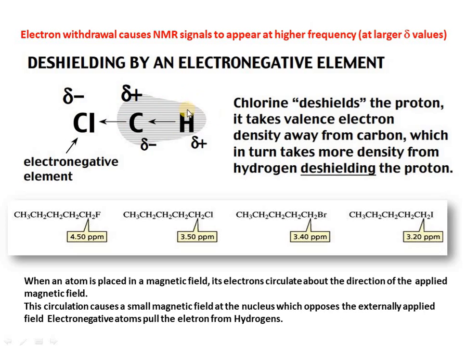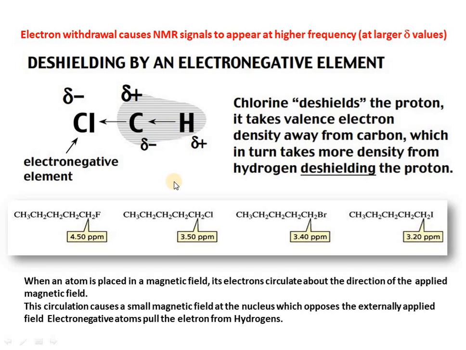So the electron density around the proton is taken away by the carbon and in turn by chlorine, and this de-shields the proton, due to which this proton will feel the external magnetic field more and will show its signal towards the left, that is downfield.